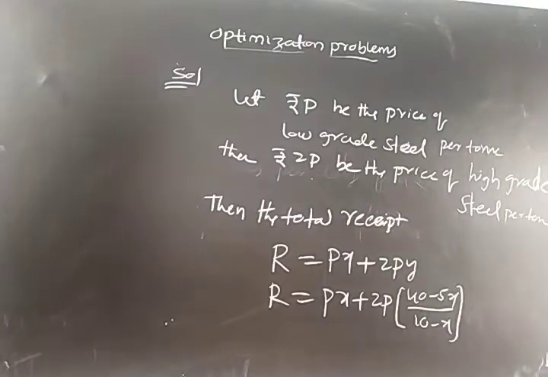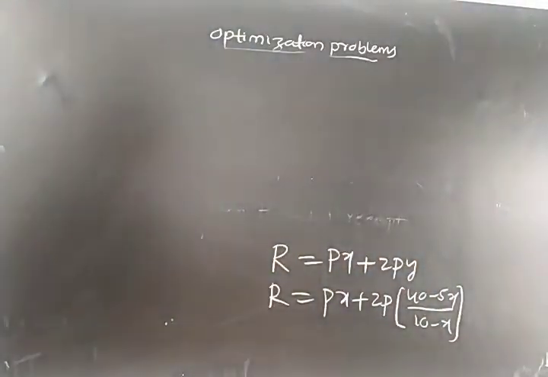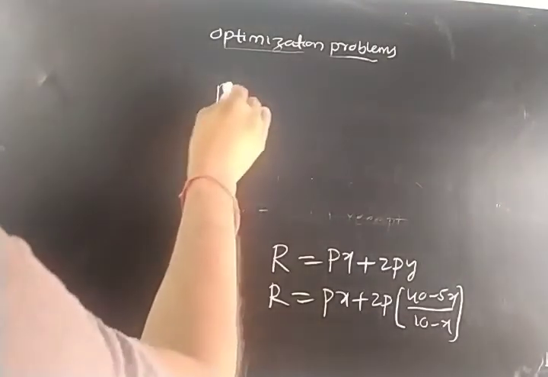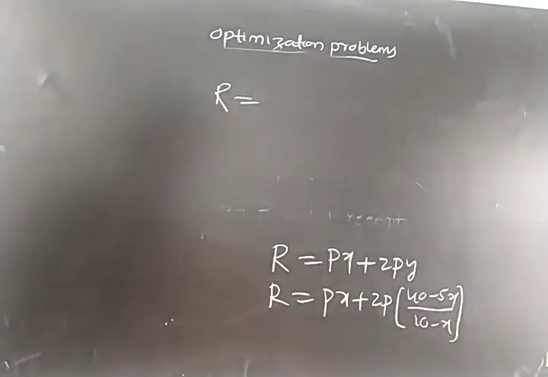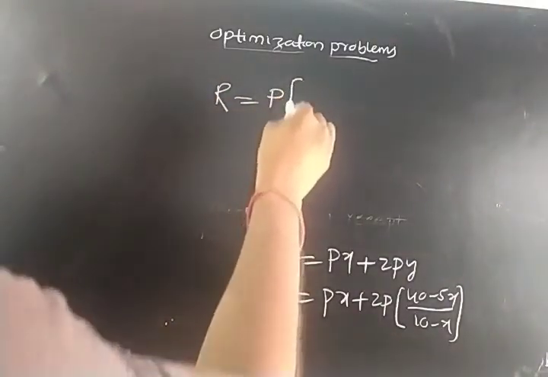Okay. Now I will maximize the receipt. Why? Because he is asking maximum receipt. So to maximize the receipt, I will simplify this. So Px, I am taking P common.